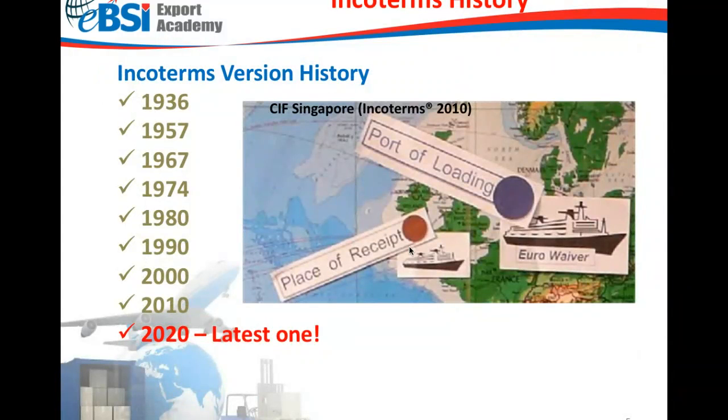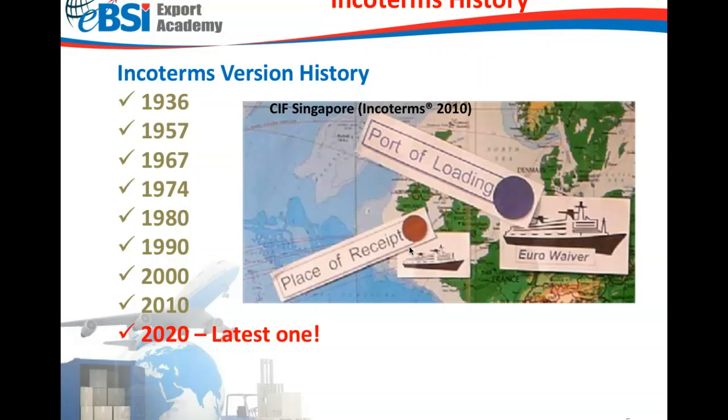So in terms of the versions that have been coming up, the Incoterms first were published in 1936 and have gone through various iterations as technology and trade practice has evolved over the years.